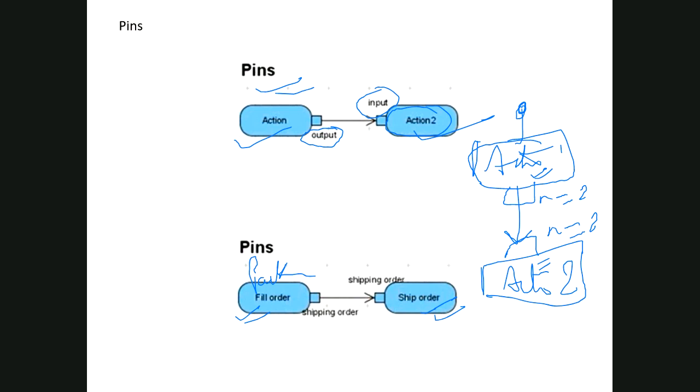Now to ship the order, what you need is the address. So this packing order activity will transfer a pin, say address, take this address, at this address you have to ship. तो यहाँ आउटपुट से भी ऐसे एड्रेस निकलेगा, and here the input, the shipping order will take the input also as address.